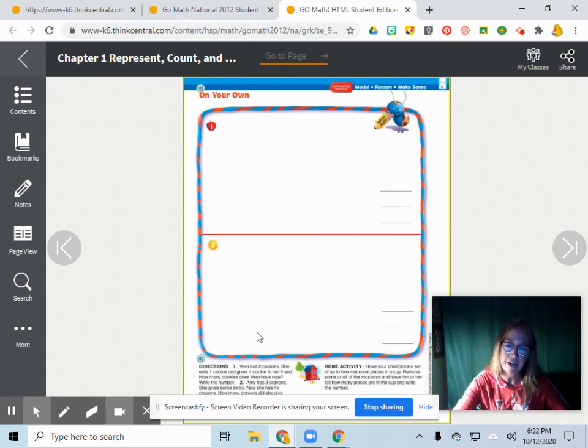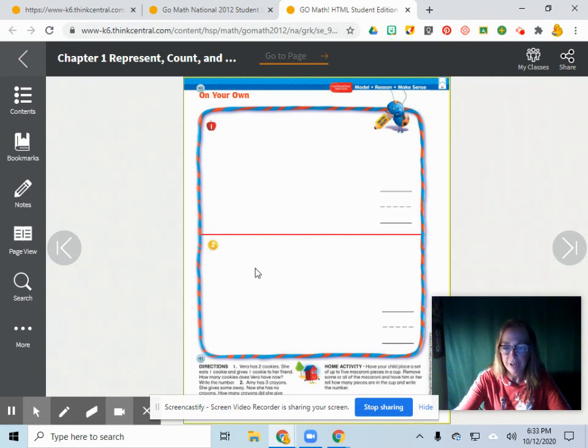So look at the crowns. How many does she have to cross off? So she will have 0. She starts with 3, and then she has 0 crowns at the end. So cross off, I would cross it off.